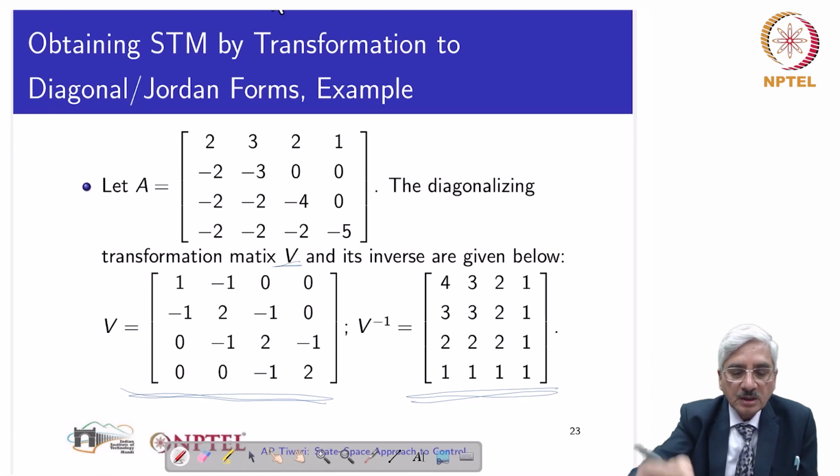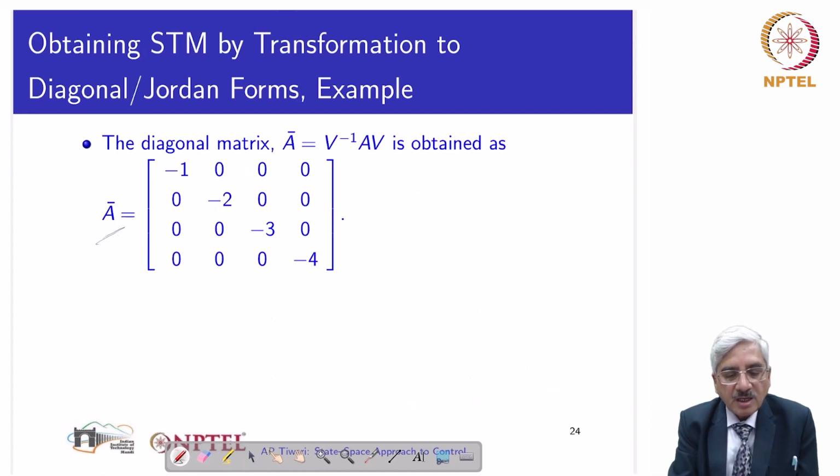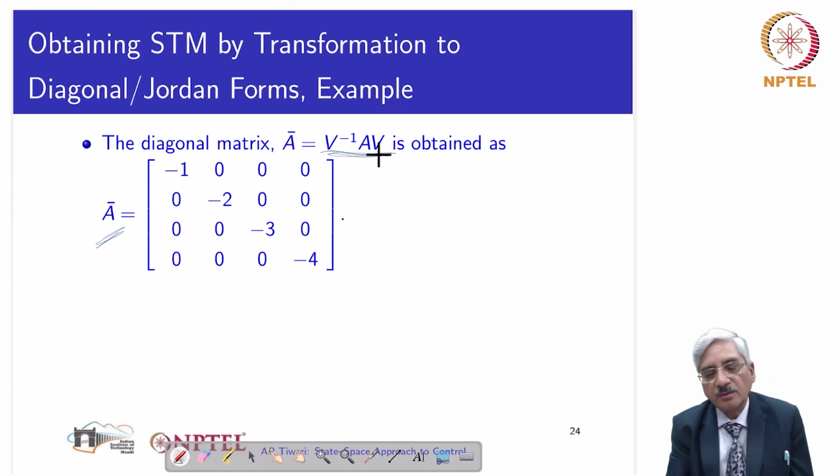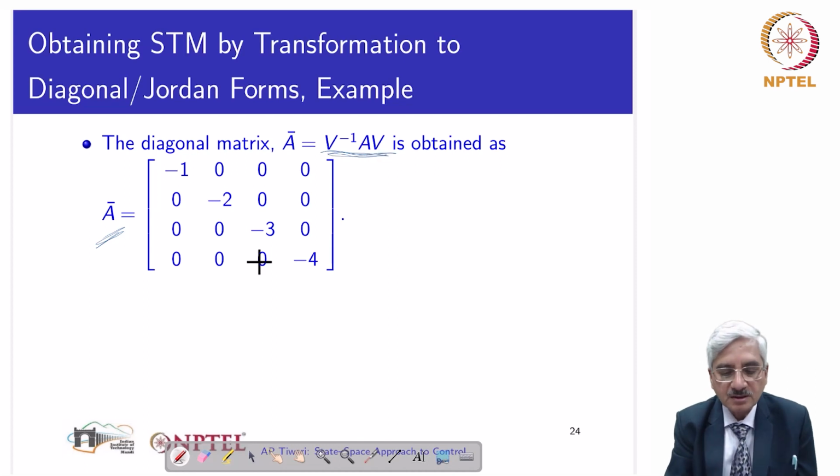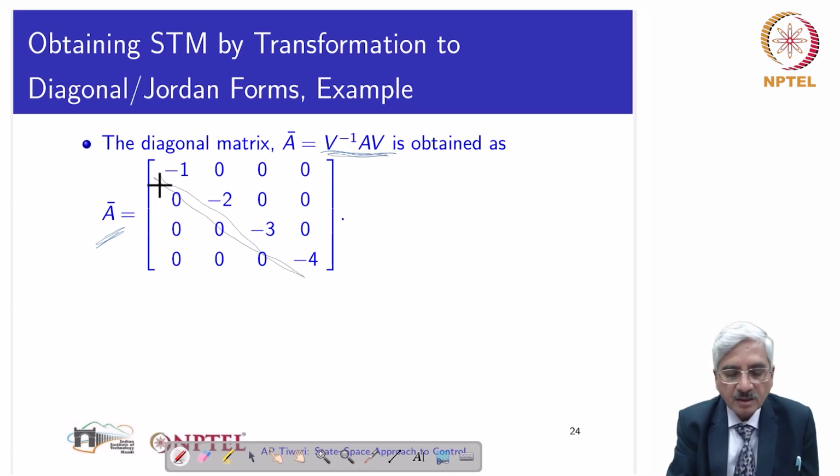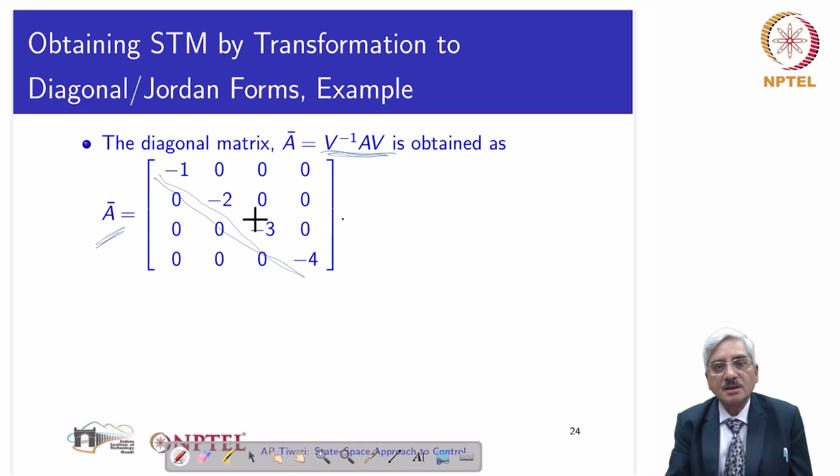And so the A bar, the matrix converted to diagonal form, which came by this matrix operation, V inverse AV, is this diagonal matrix, in which the diagonal entries are minus 1, minus 2, minus 3 and minus 4.